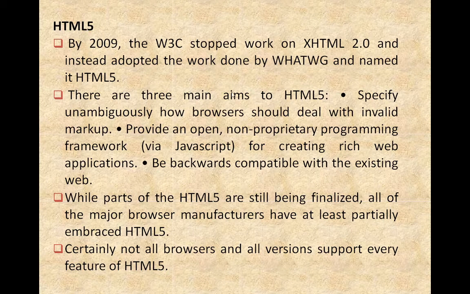Let us see what the aims of HTML5 are. Presently we are making use of HTML5. There are three main aims. The first is to specify unambiguously how browsers should deal with invalid markup. That means if a person has written a web page with invalid syntax, how should the browser handle it and inform the user that this part is not correct.